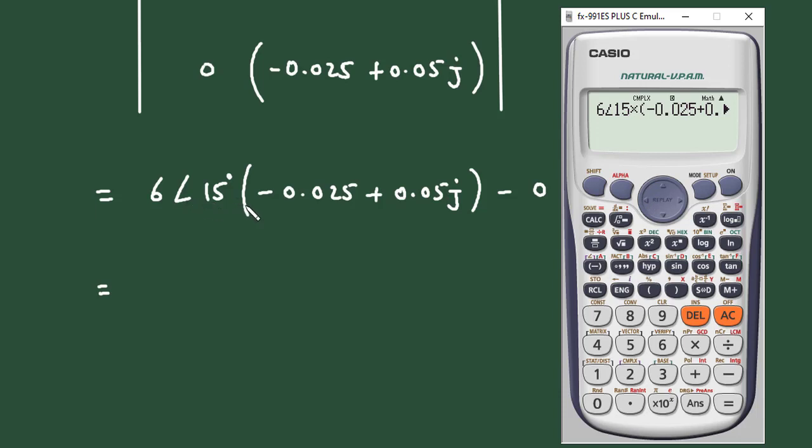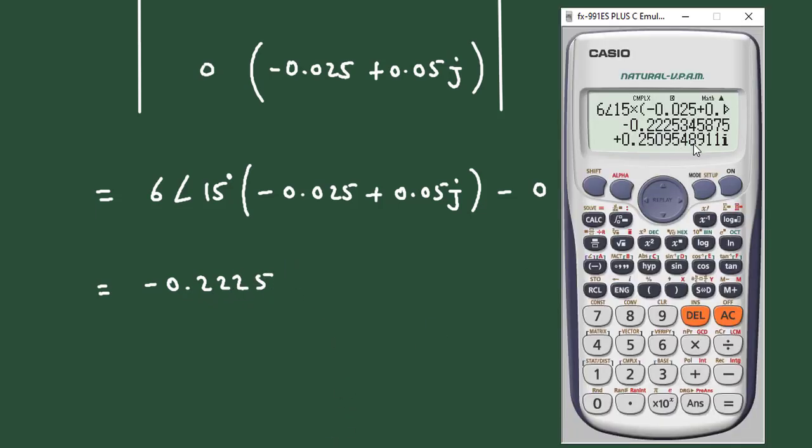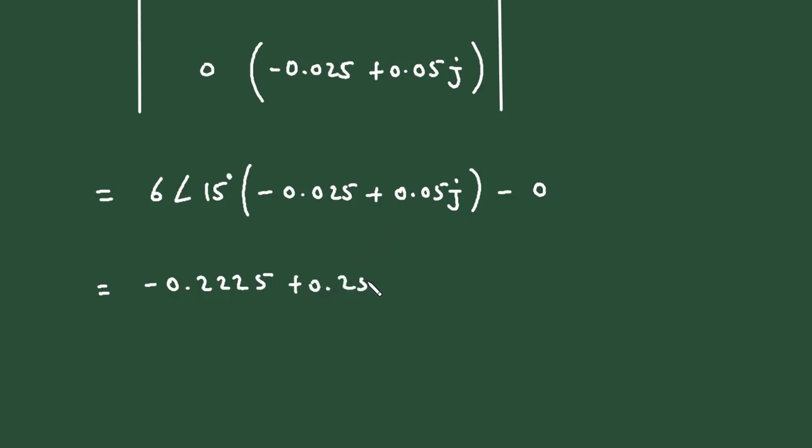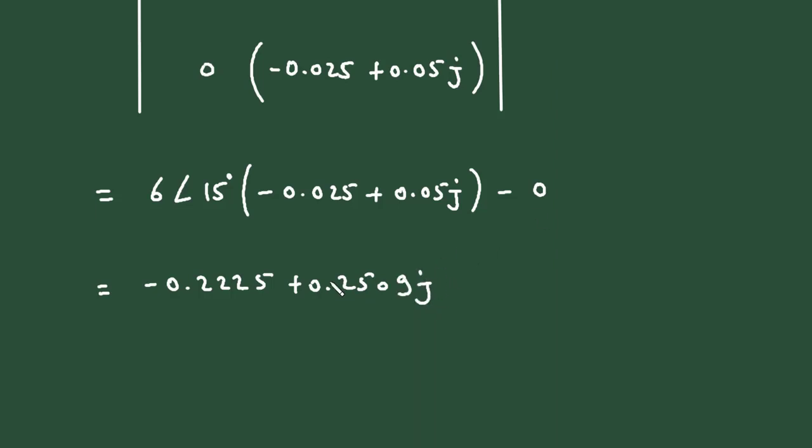It is equal to minus 0.2225 plus 0.2509 j. So this is the value of delta 1.